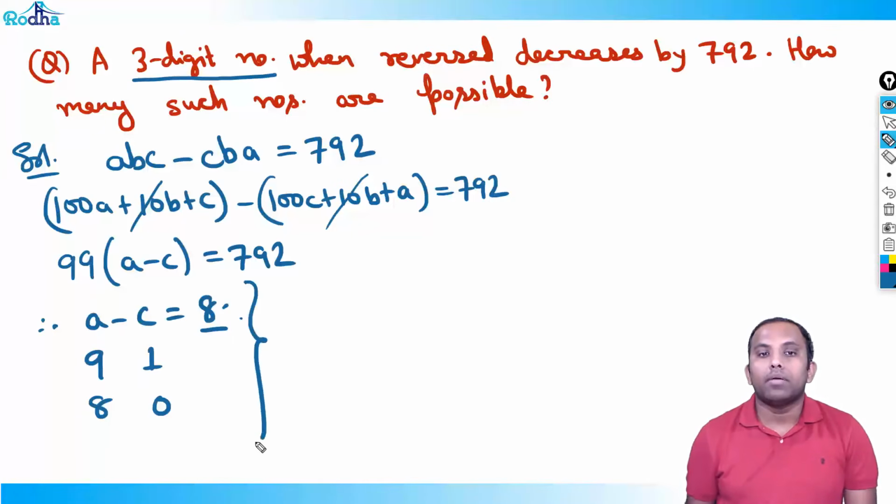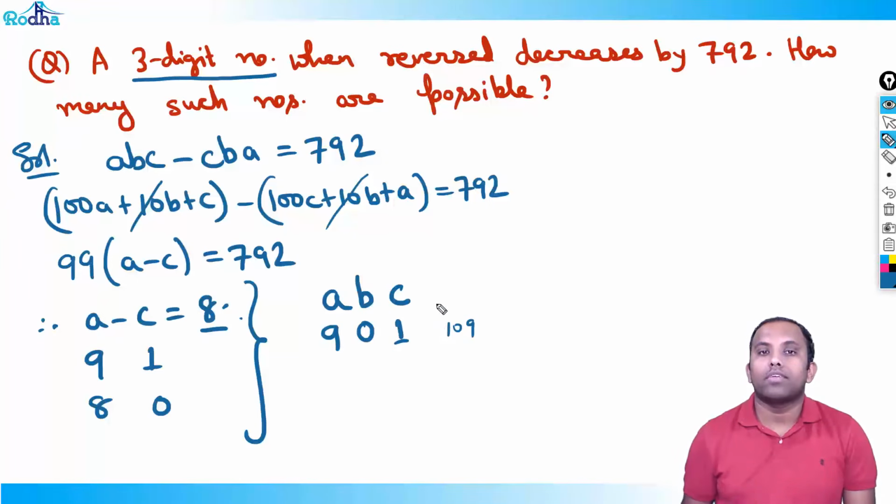But my assumed number is ABC. So when A is 9 and C is 1, B can take all the values from 0 to 9, because it doesn't depend on B. Suppose B is 0. So 901 when reversed becomes 109.